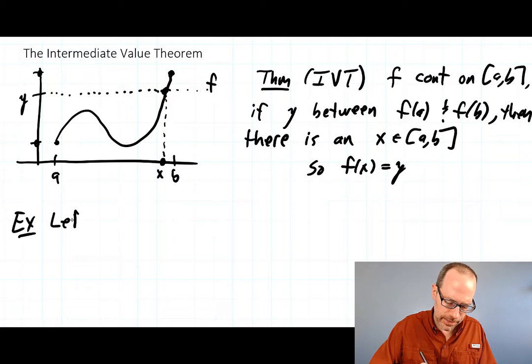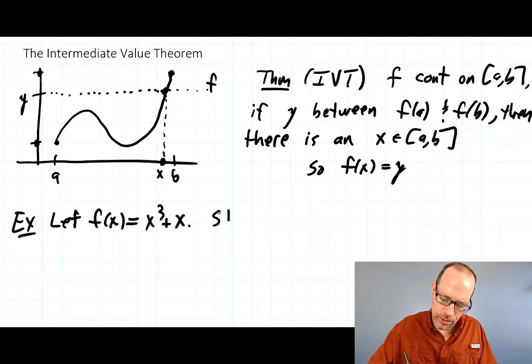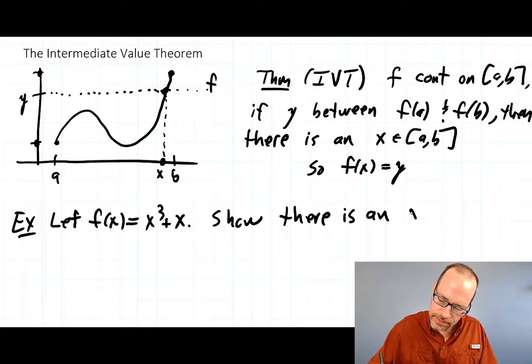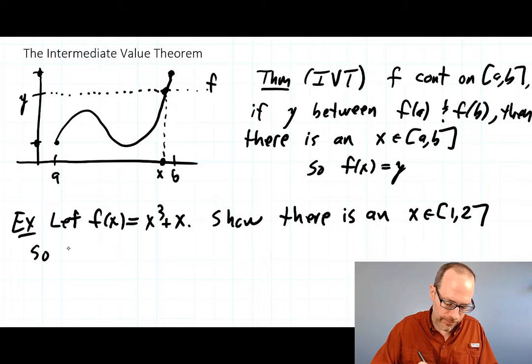Let f of x be x cubed plus x. Show there is an x somewhere between 1 and 2, so that f of x is 9. Okay?